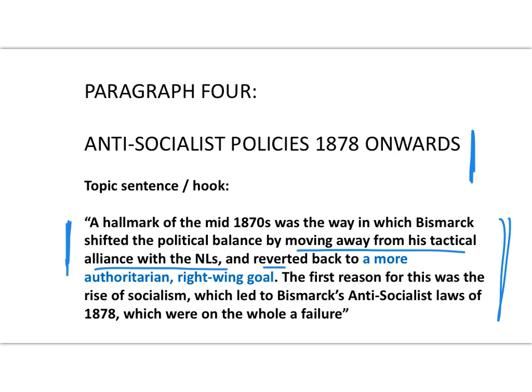But then he reverted back in the late 1870s to a more authoritarian right-wing goal. And the first reason for this was the rise of socialism. There were two reasons, and obviously the second reason we'll come into in the final building block. But this first reason was the rise of socialism. And that was most evident in 1878 when Bismarck announced the anti-socialist laws, which were on the whole a failure.